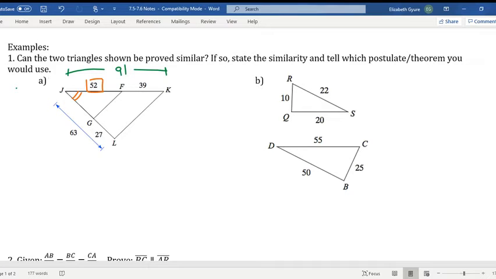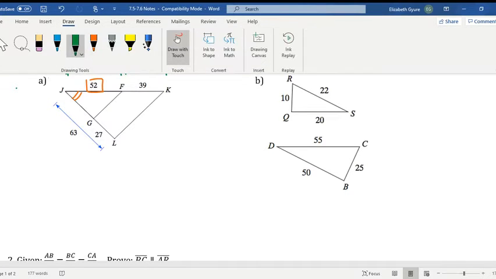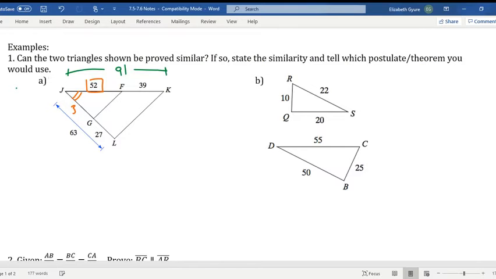So you could take 52 to 91 and make sure that's equivalent to the other side, which means you're going to have to subtract 63 minus 27. So then take 36 to your other full side length, 63. And you just want to verify that that ratio works. So you would take 52 to 91 equals 36 to 63.